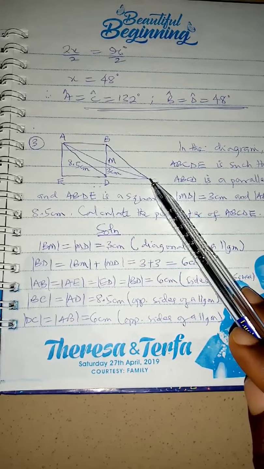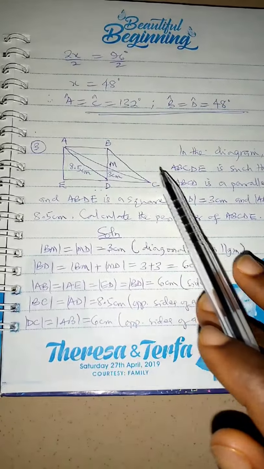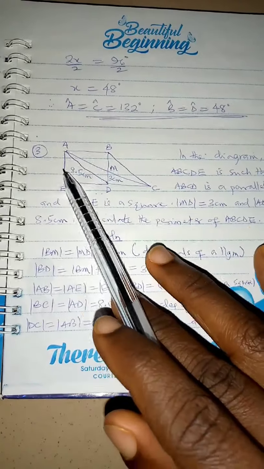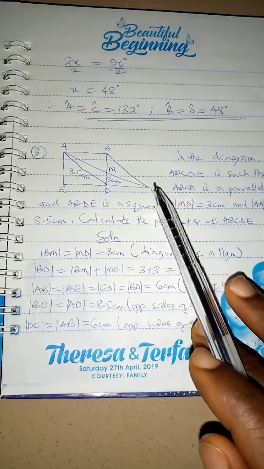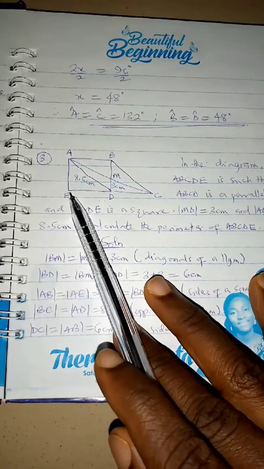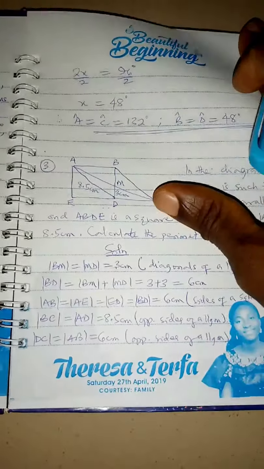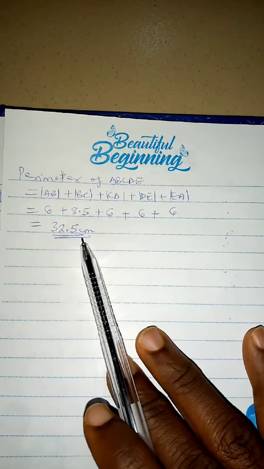Now with this, we've gotten all the sides. You add them together. You say your AB plus BC plus CD plus DE plus AE. AB 6 plus BC 8.5 plus CD 6 plus DE 6 plus EA 6. That's what you have here. And that will give you 32.5 cm.